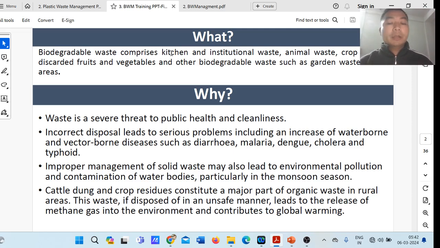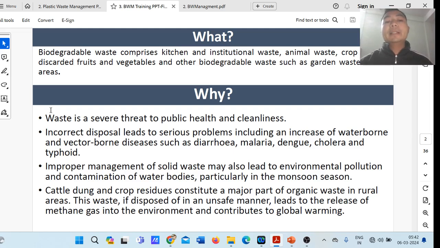In institutions, we produce mostly papers and some other institutional waste, and the animal waste, the waste produced by animals, crop residue, discarded fruits and vegetables, and other soft biodegradable waste such as garden waste. In rural areas, or even in your town, in your garden, lots of biodegradable waste is generated. So this is why this waste is important.